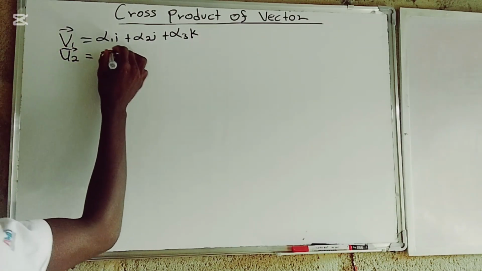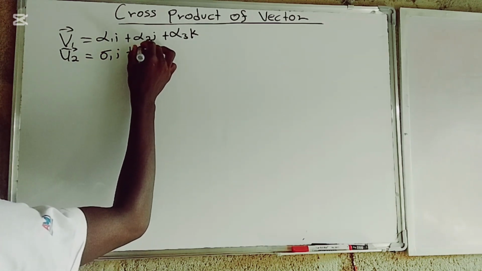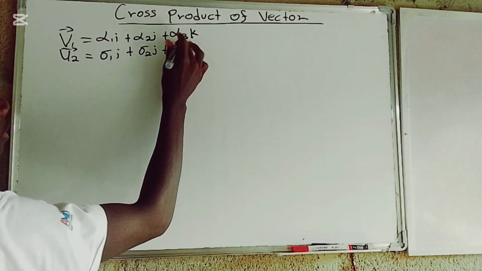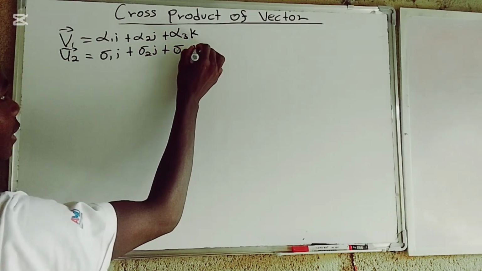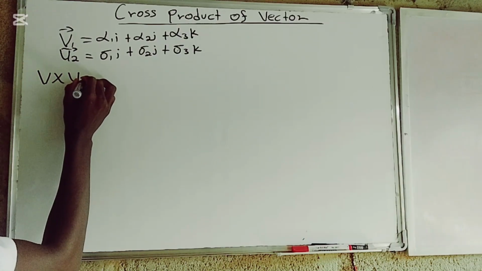Let's say I'm given sigma 1 i plus sigma 2 j plus sigma 3 k. So what is the cross product of this and this?